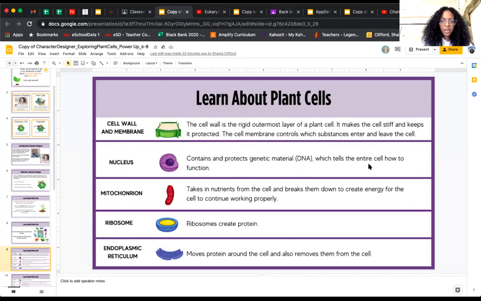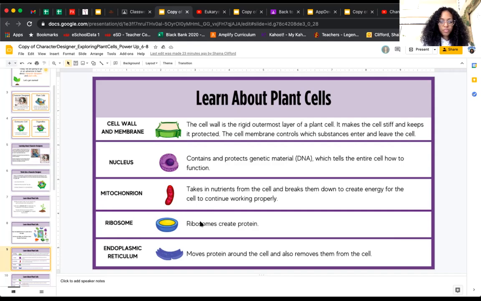It tells the entire cell how to function and helps with reproduction, so we have lots of new plants. Mitochondria take in nutrients from the cell and break them down to create the energy so the cell can work properly. Kind of like in your body, how your stomach takes in that energy and then the blood cells take it and disperse it throughout your body so you can function.